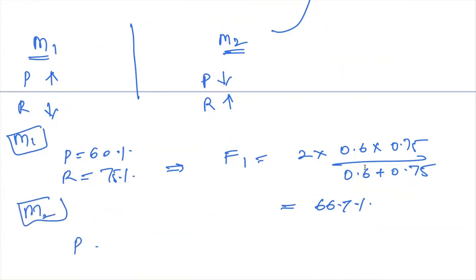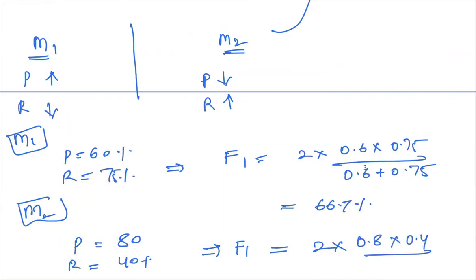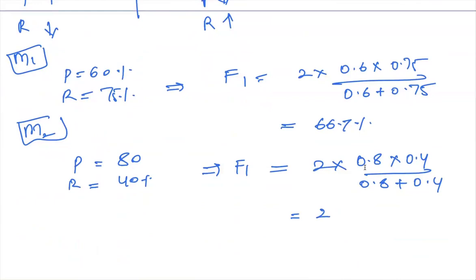Similarly you will calculate model 2. Let's say precision is 80% and recall is 40%. So you'll calculate F1 score for this, which is 2 times 0.8 times 0.4 by 0.8 plus 0.4. So this is 2 times 0.8 times 0.4 by 1.2, right?